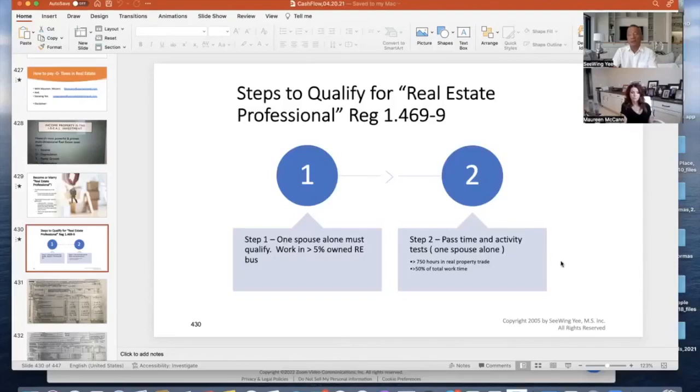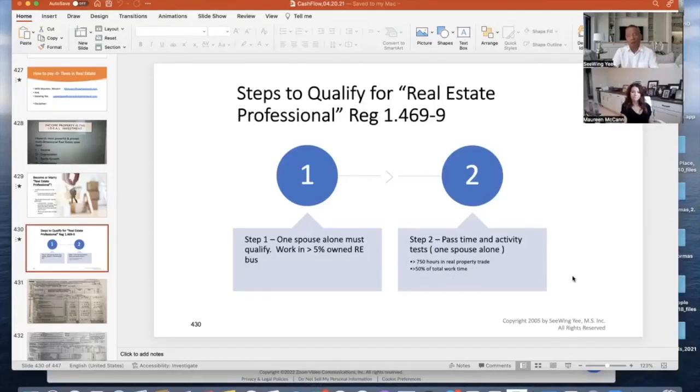By the way, a person who is single, regardless of how much money you make, cannot become a real estate professional because you already have a full-time job. If you already have a full-time job, you cannot do the 750 hours because you have to meet the second rule, the 50% of total work time. Okay, I don't know how to explain it.